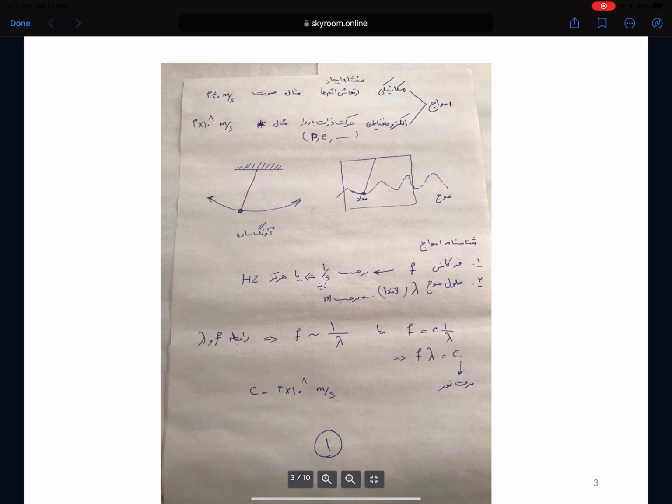So it means that if you want to make an electromagnetic wave, you need a particle which has a charge. And this charged particle should be moving. If it's not moving, you don't have an electromagnetic wave.